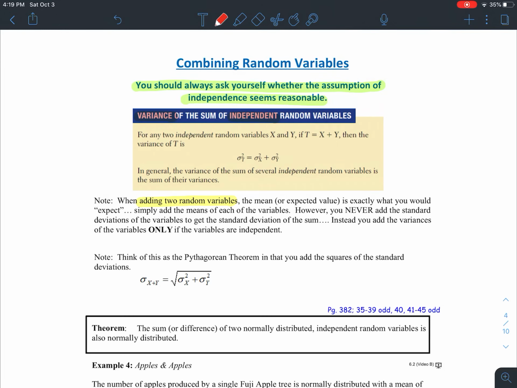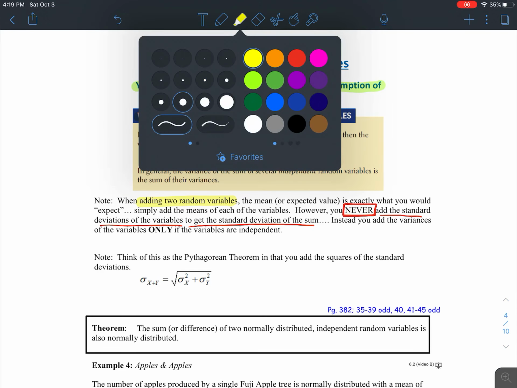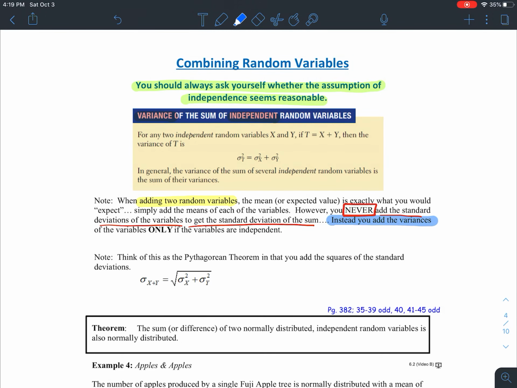Okay, so if you are going to add together two random variables, as we discussed on the earlier page, their mean is exactly what you would expect. It is simply adding together the means of those two random variables. Okay, however, you should never add together the standard deviations of the variables to get the standard deviation of the sum.